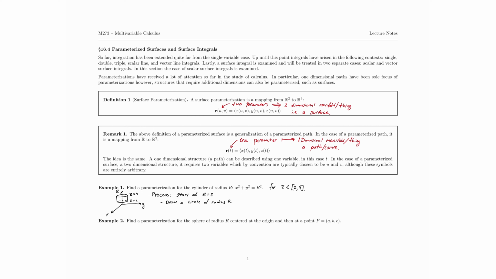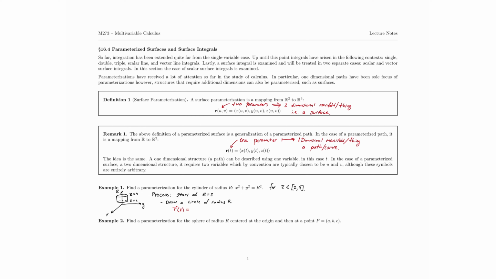So let's think about this now. I'll draw this in red. What does a parameterization look like for a circle of radius R? Well, in this case, let's say R of T for now, just because this is a one-dimensional parameterization. Let's just keep it familiar.